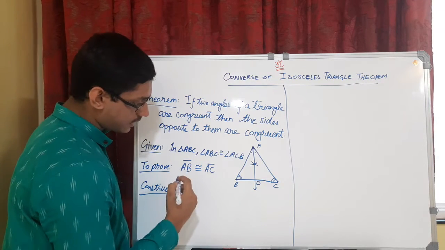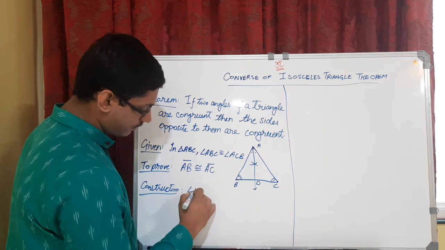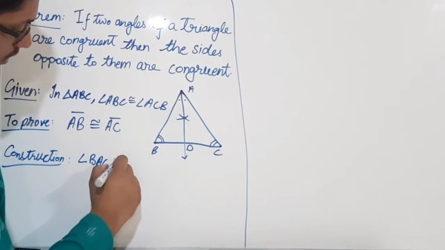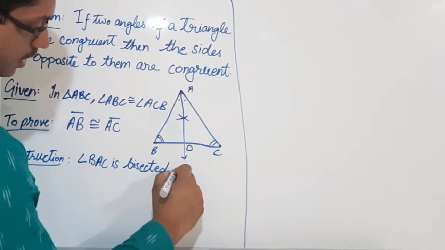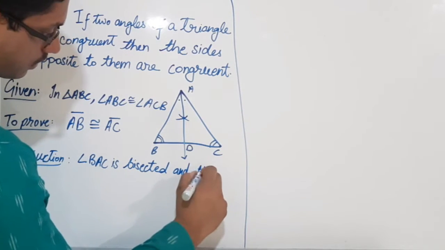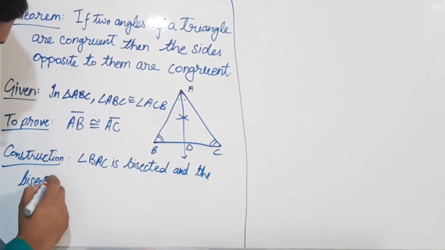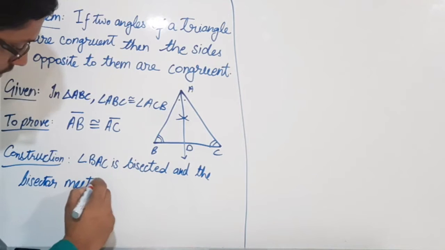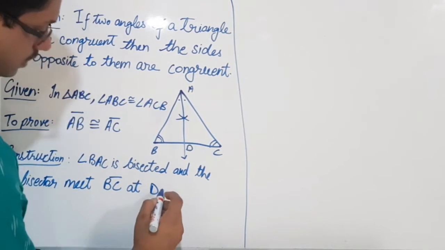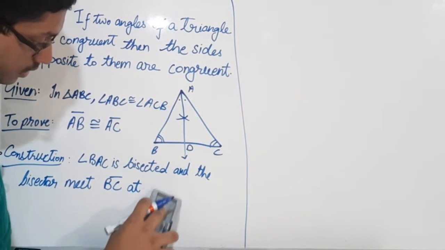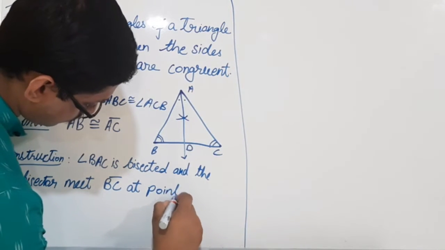Write here that angle BAC is bisected and the bisector meets side BC at point D.